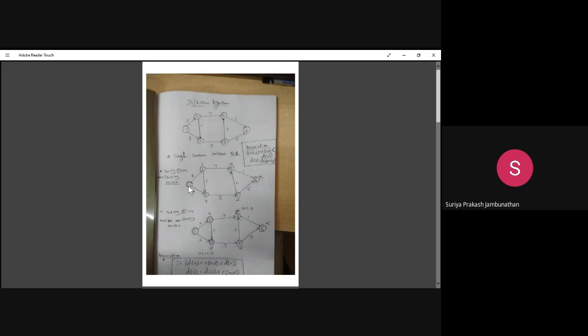Apart from this, we have one more node, 6. From 1 we have direct paths only to 2 and 3, so we take the weights and apply them here: 2 here, and 4 here. For the remaining vertices, there is no direct path from 1, so we put infinity for the paths where we are not able to reach from 1.